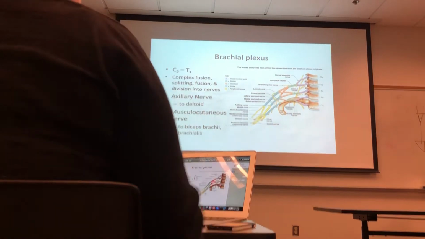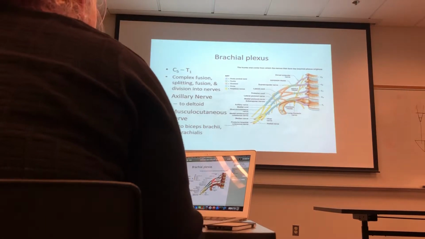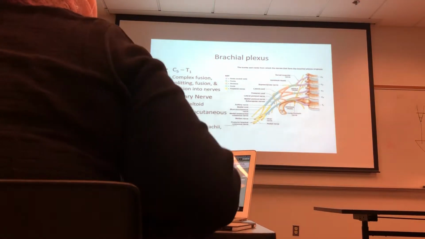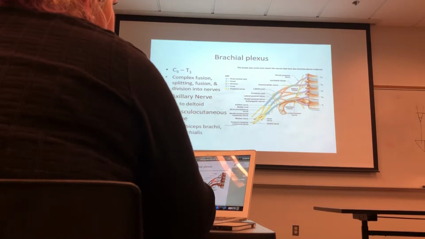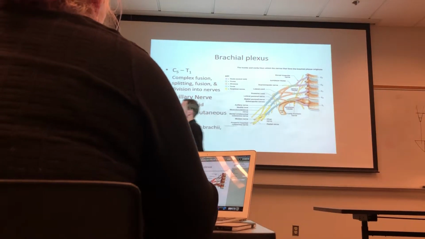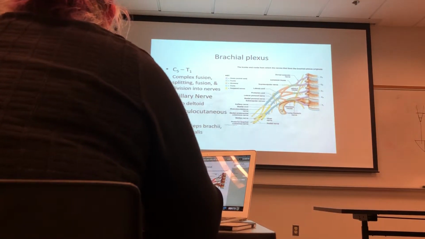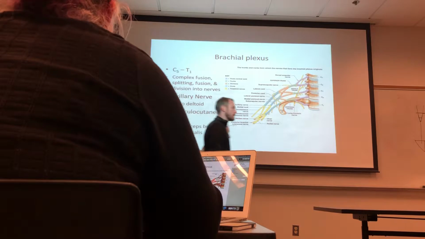So inferior to that, brachial plexus, this is C5 through T1. So the spinal nerves from 5th cervical, 6th, 7th, and 1st thoracic. All of those spinal nerves are going to contribute to this brachial plexus down through here. Okay, so it's going to go underneath the clavicle, down into the arm.